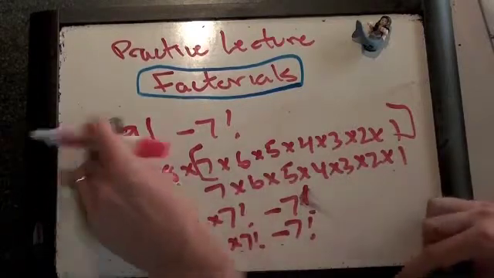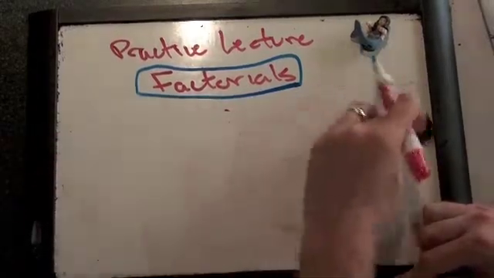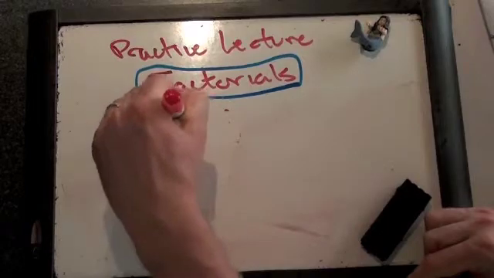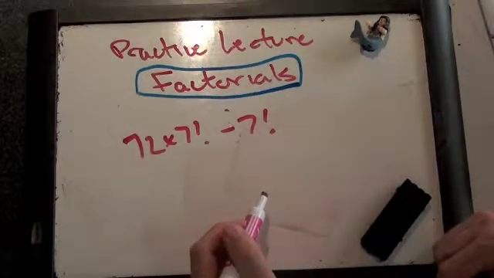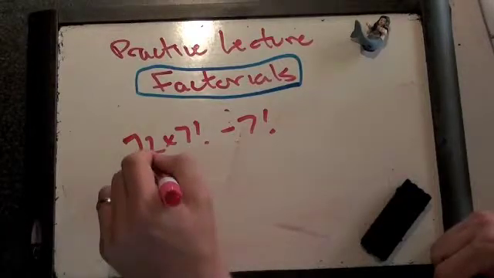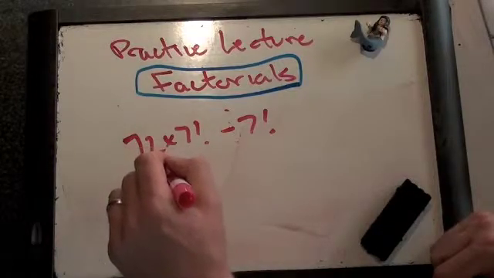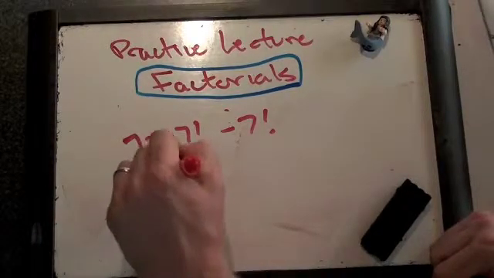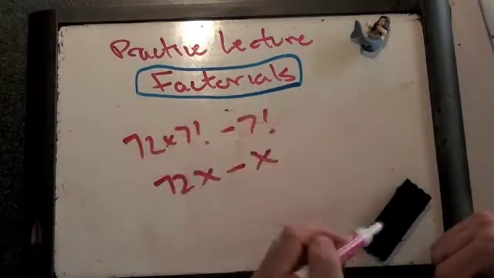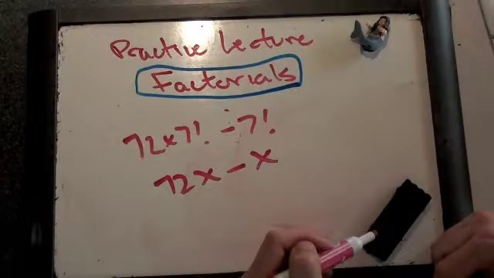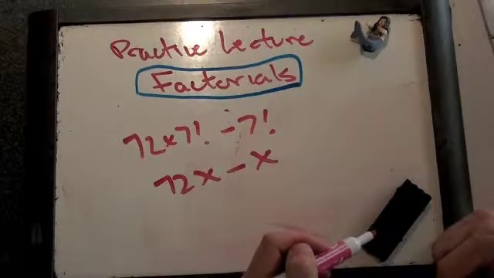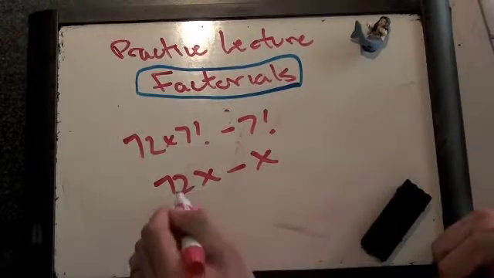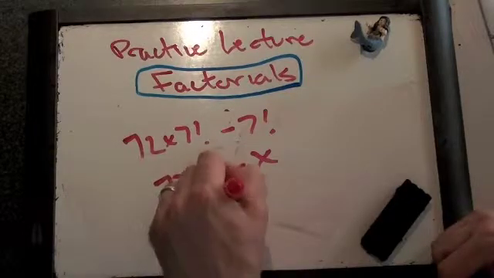These numbers are getting huge. So we have 72 times 7 factorial minus 7 factorial, which is the same as, if I have 72x minus x, what do I get? 71x.